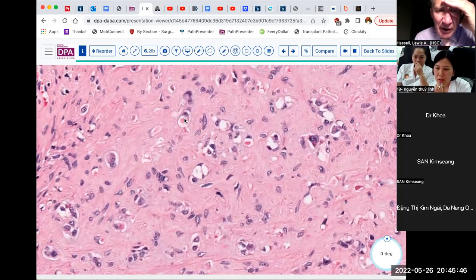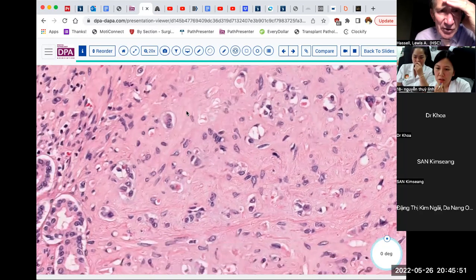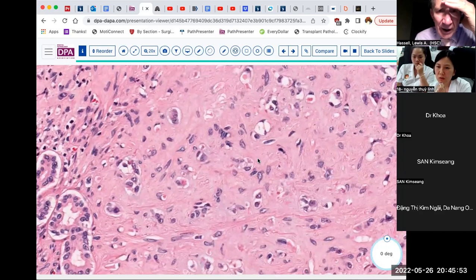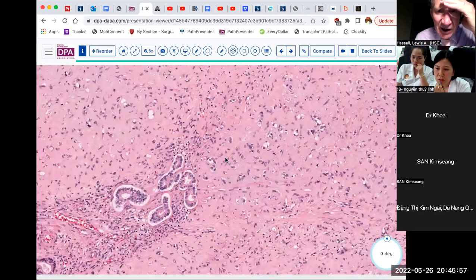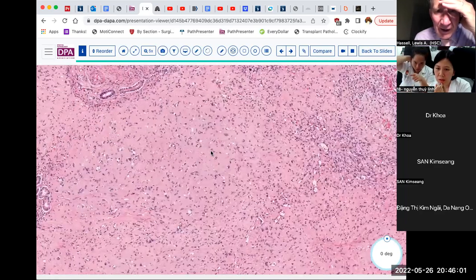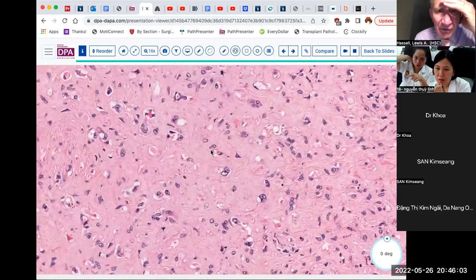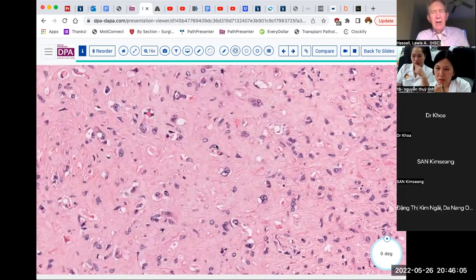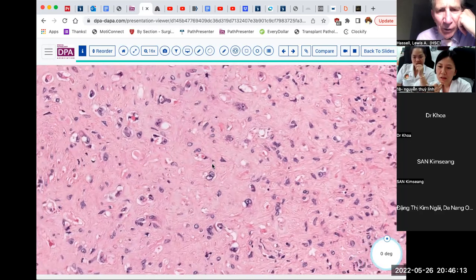Sometimes there may be a little bit of content to them, sometimes there may not be. So if you recognize these blister type cells or these vacuolated cells, and you're in the liver, then you might be wondering about the diagnosis of epithelioid hemangioendothelioma.